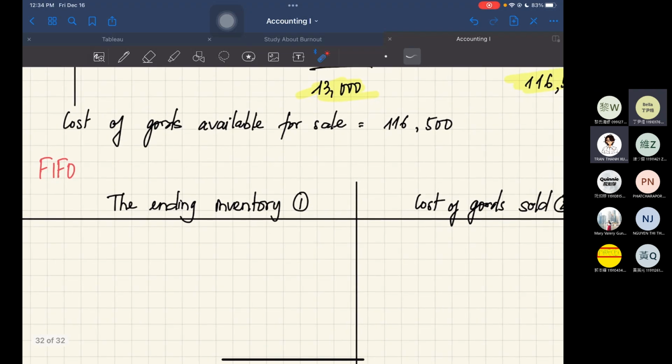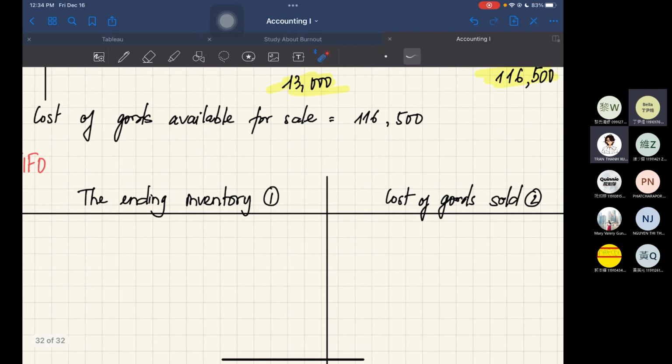Right? So for the cost of goods sold, we sold 10,000 items.